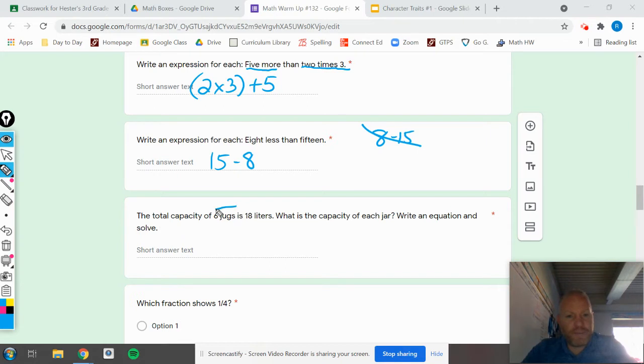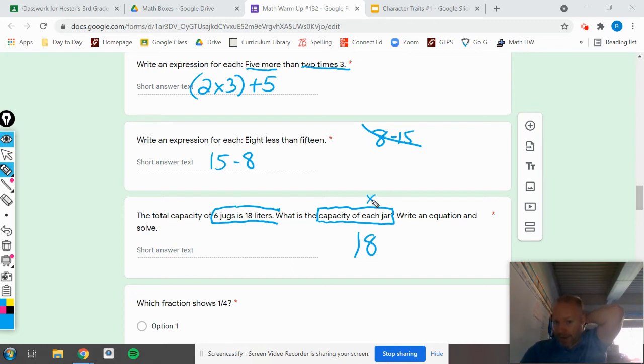Next, it says, what is the total capacity? How much can 6 jugs hold? So it says 6 jugs holds 18 liters. So if we have 6 jugs and the total is 18 liters, that means we're going to be finding equal parts. And if we're doing equal parts, what are we going to do to find each jar?